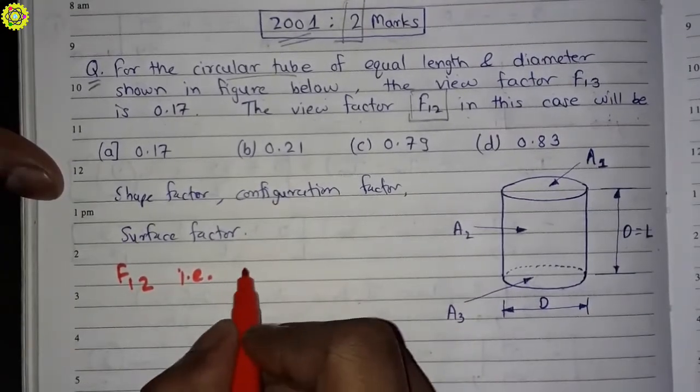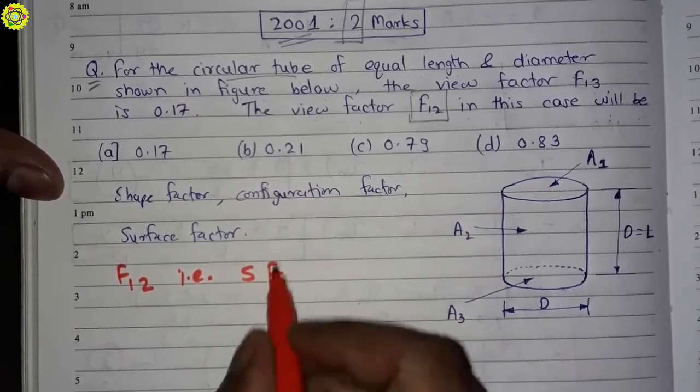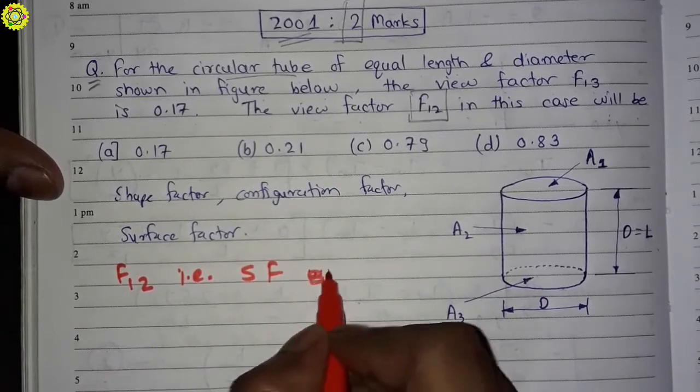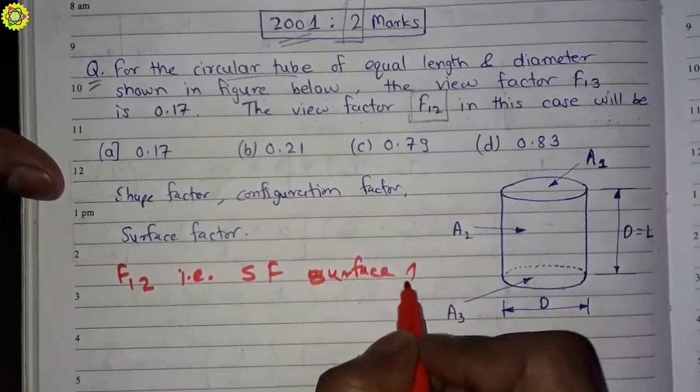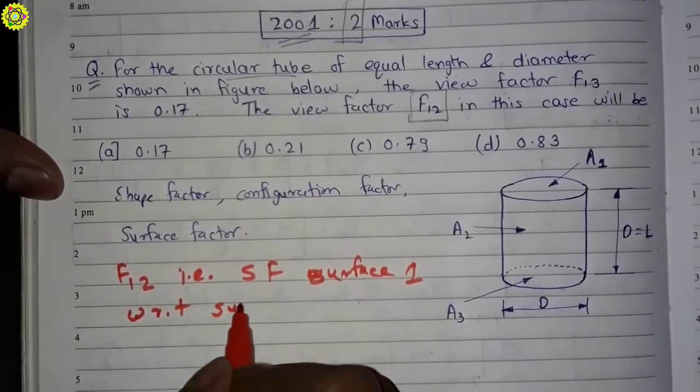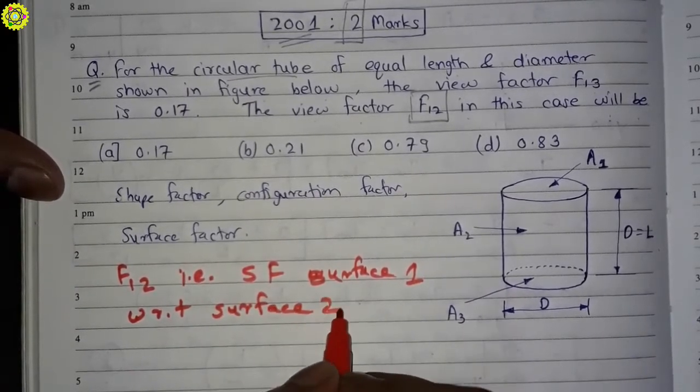We have to find out the shape factor of surface 1 with respect to surface 2.